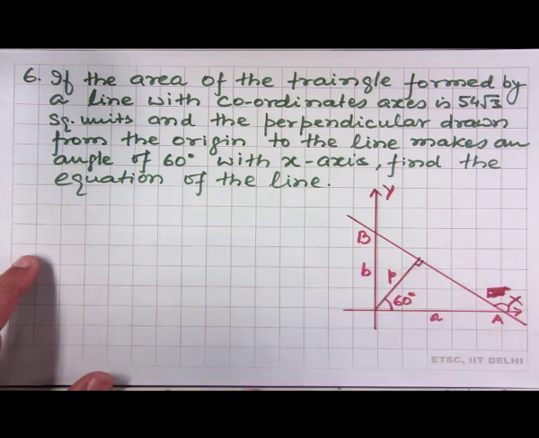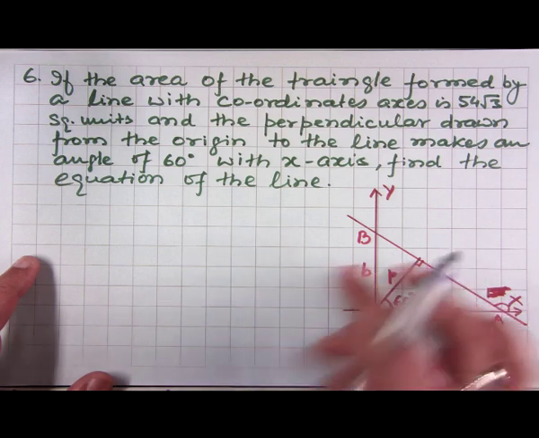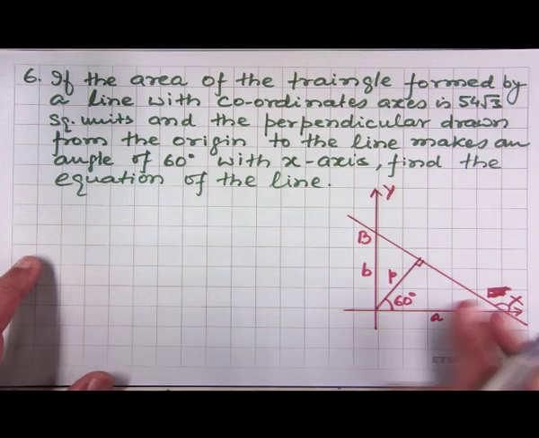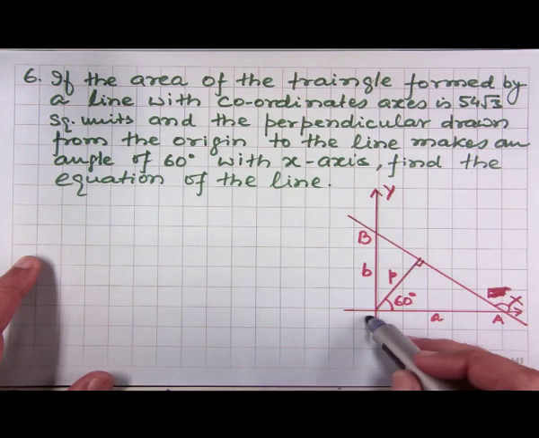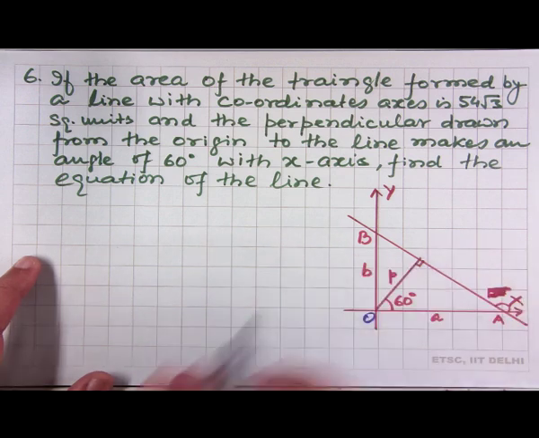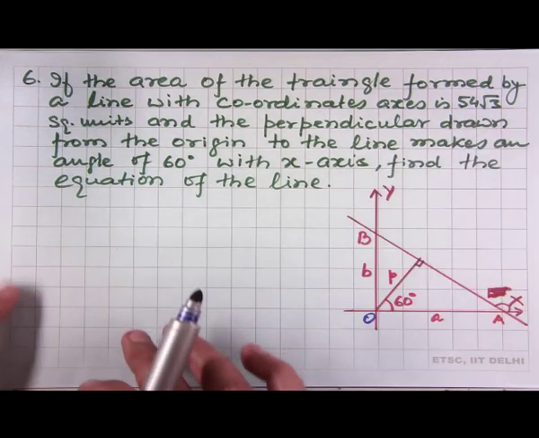This AB made intercept with x-axis and y-axis. Say this is A and B. And this line form an angle, say this is origin, OAB. And the area of this triangle OAB is given as 54 root 3.